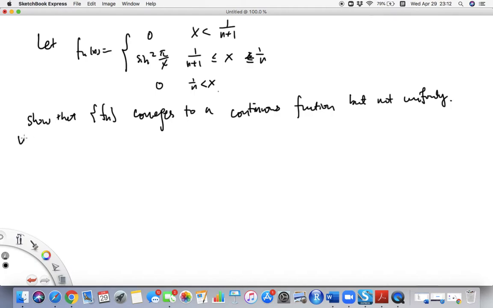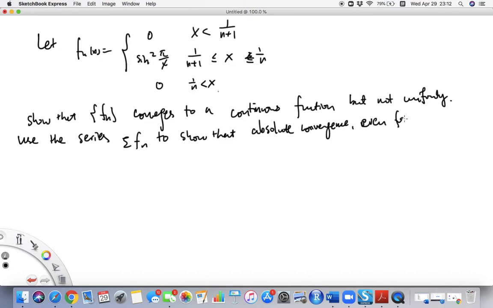And then use the series to show that absolute convergence even for all x does not imply uniform convergence.